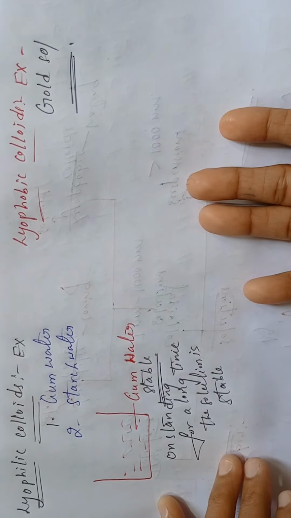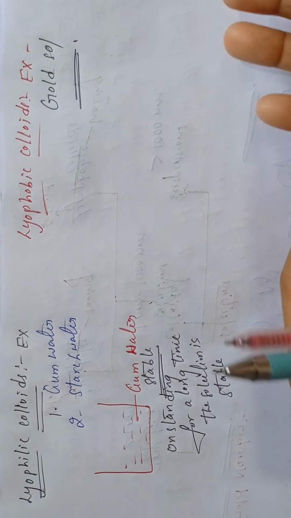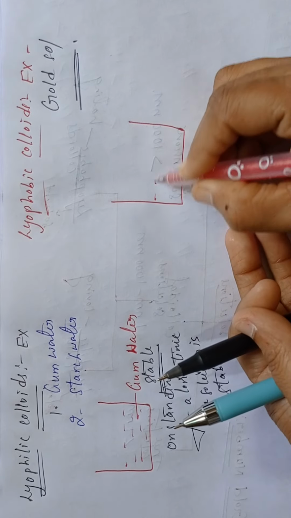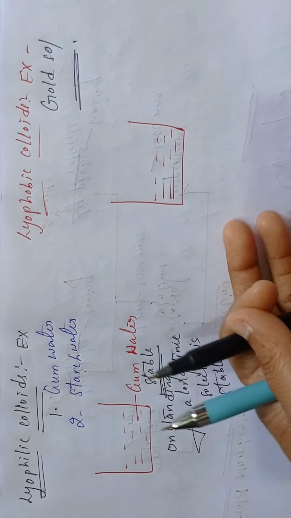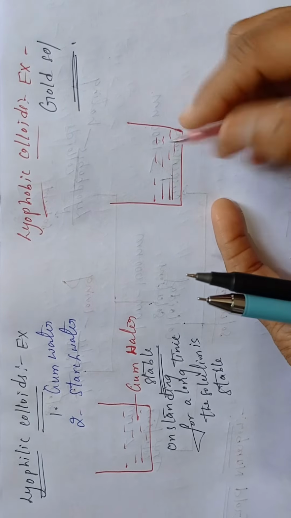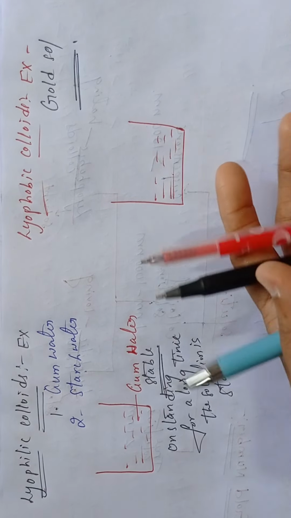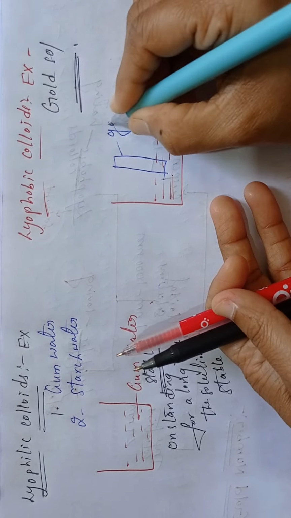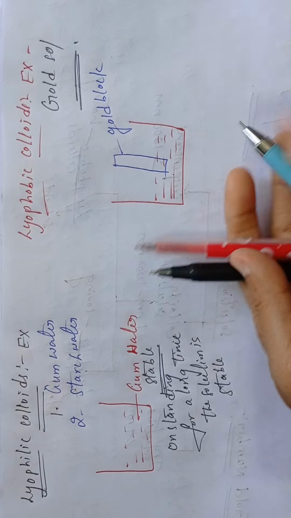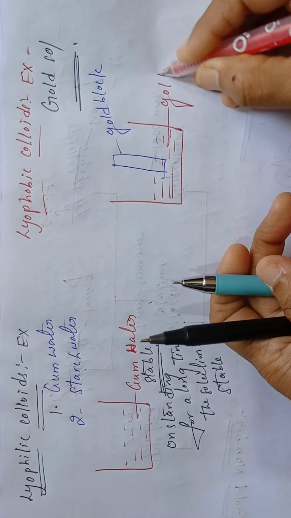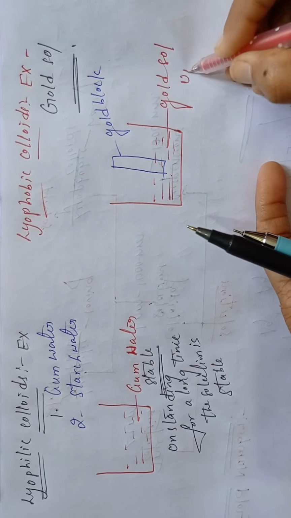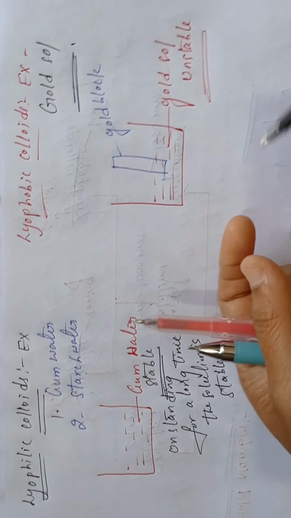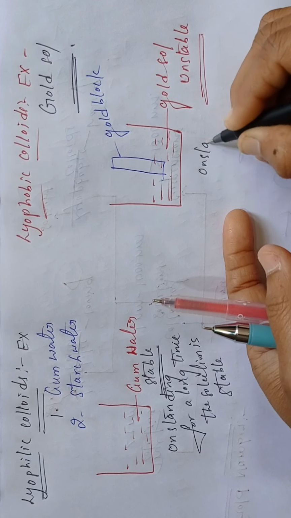But if I take a lyophobic colloid solution, it is unstable, students. See here, I am taking one beaker. This is the water, and here I am taking gold sol. It is an unstable solution, students.